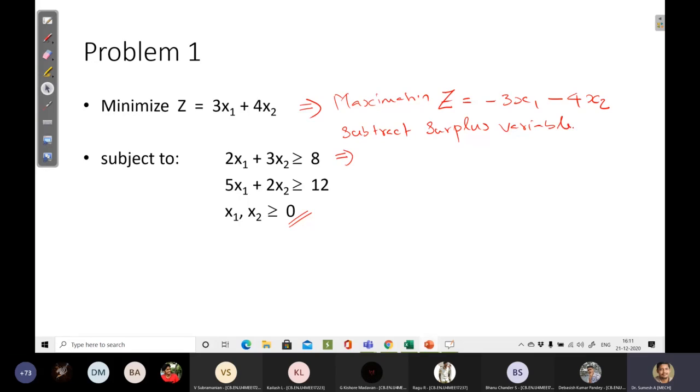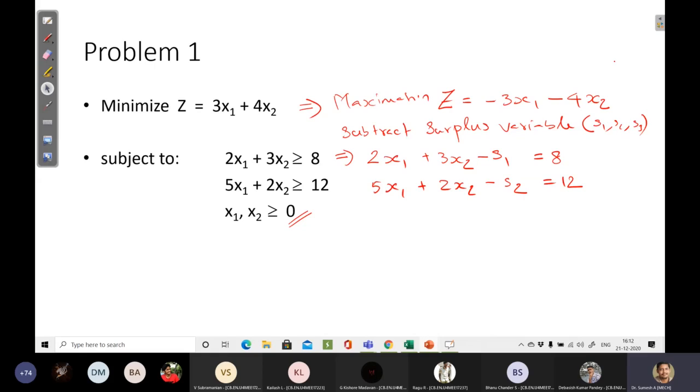We will again mark it as S1, S2, etc. So if I convert it, it will come as 2x1 plus 3x2 minus s1 equals 8, and the second equation becomes 5x1 plus 2x2 minus s2 equals 12. And your objective function will have minus s1 minus s2 continuing.